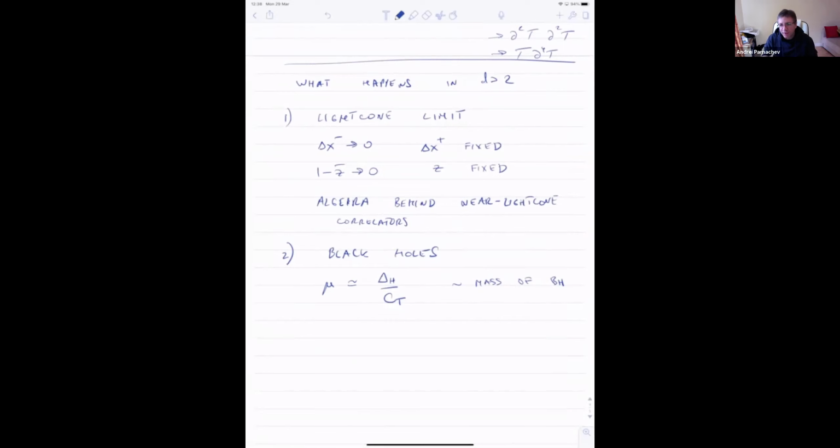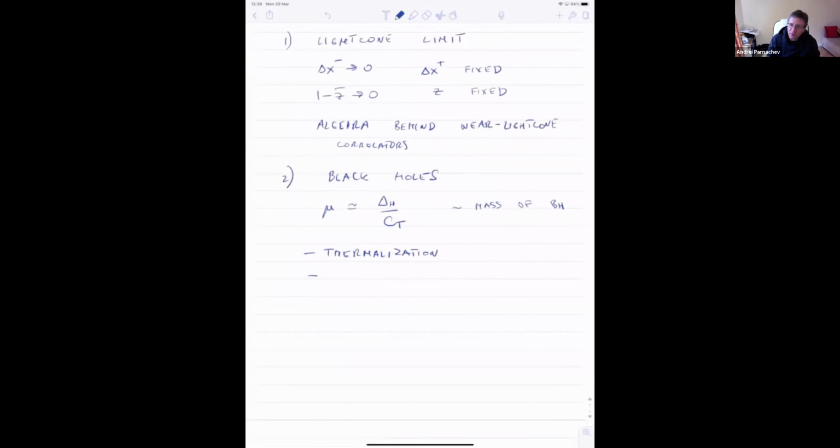In particular, we spent some time trying to understand a very particular observable in asymptotically anti-de Sitter black holes, which is called the phase shift.